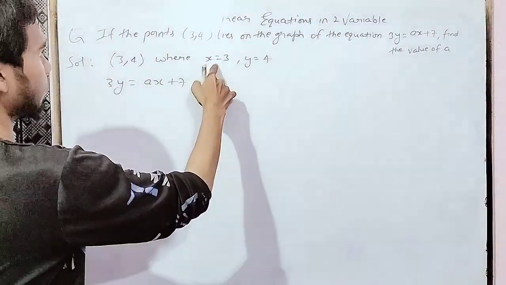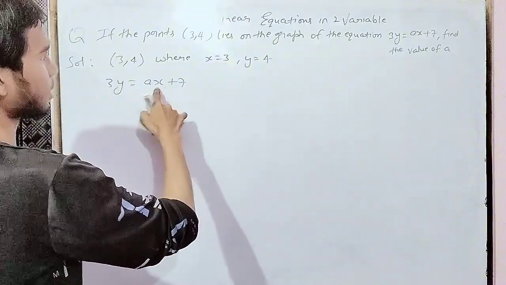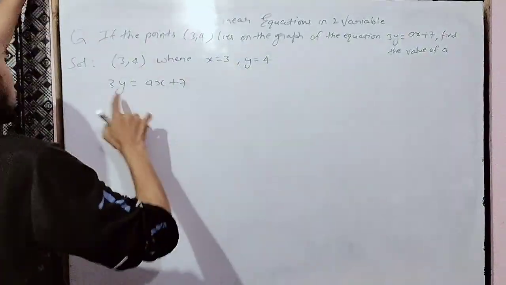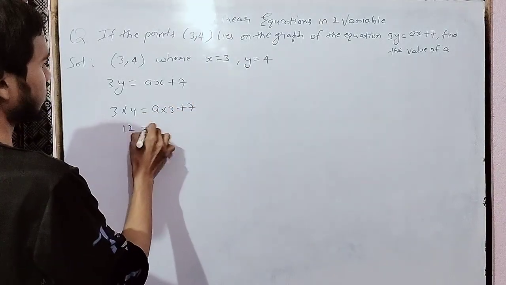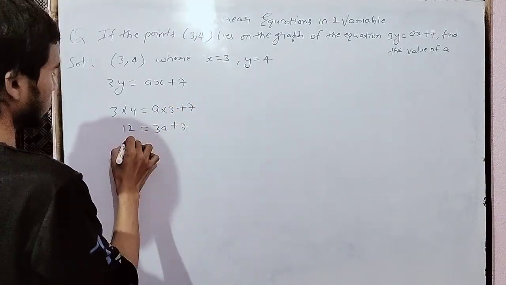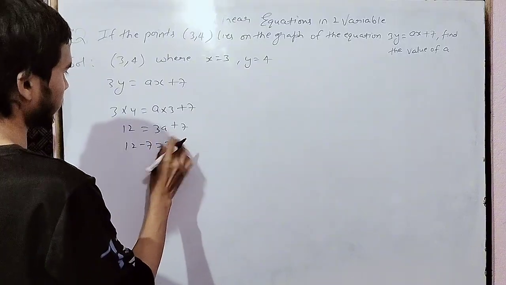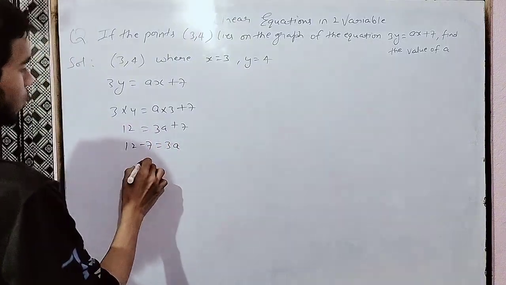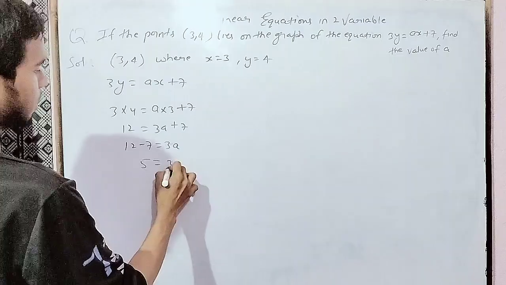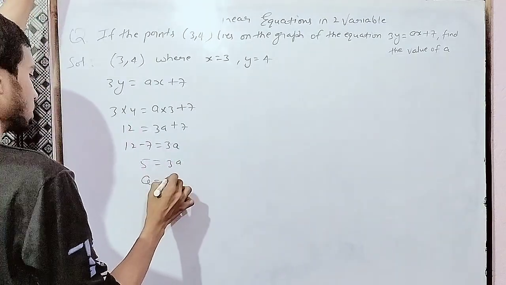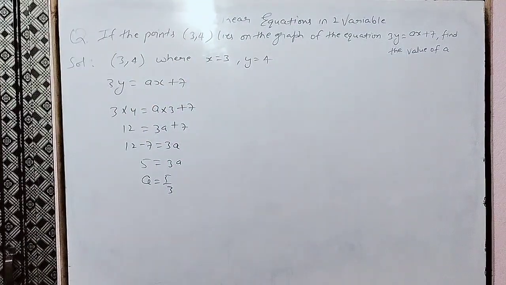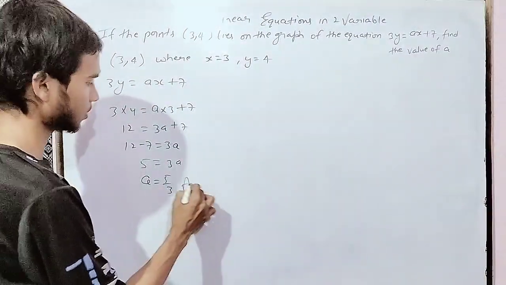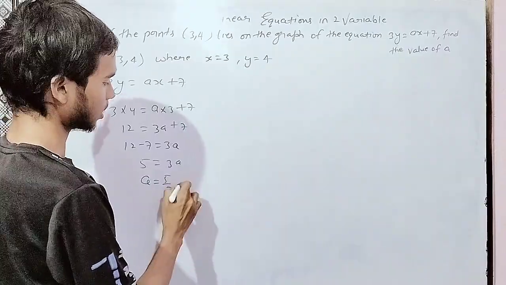Now we will put 3 in place of x and 4 in place of y. 3 times 4 is 12, equals 3a plus 7. 12 minus 7 is 5, equals 3a. So we can say a is 5 upon 3. This is the final answer.